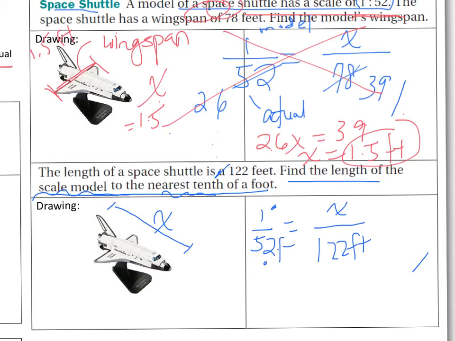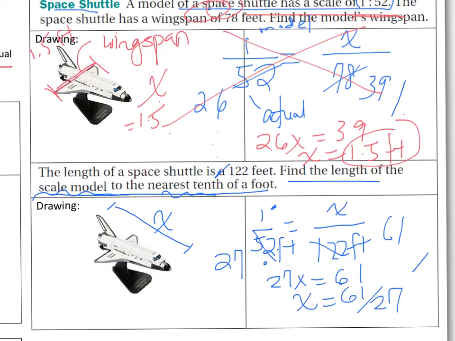So we can simplify here. 52 divided by 2 will be 26, and 122 divided by 2 will be 61. That's all we can do, so we need to cross multiply. 26x is equal to 61. And then 61 divided by 26 will be about 2.3 feet.